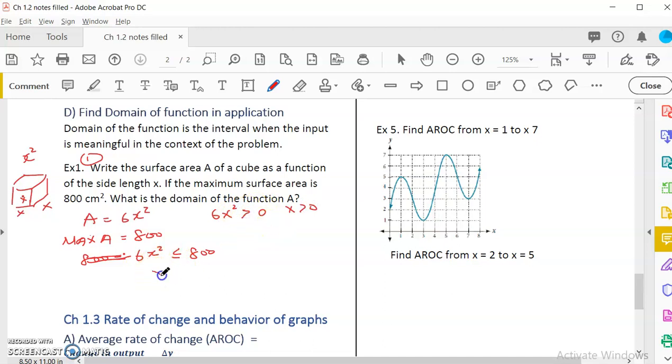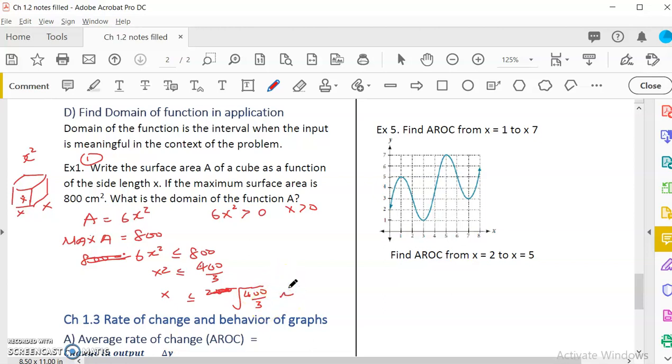So let's solve this. x squared is less than or equal to 800 divided by 6, which is 400 over 3, right? And then x, if I take the square root, is less than or equal to the square root of 400 over 3, right?